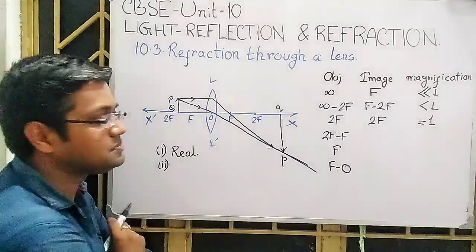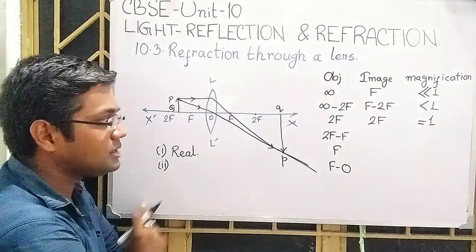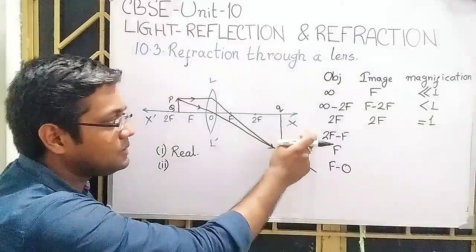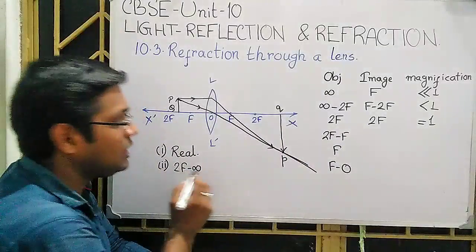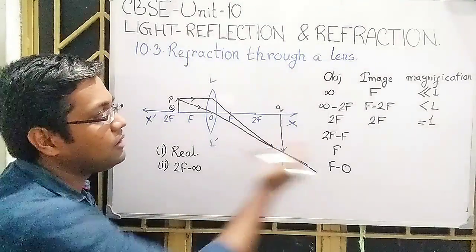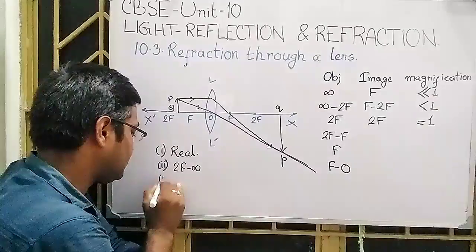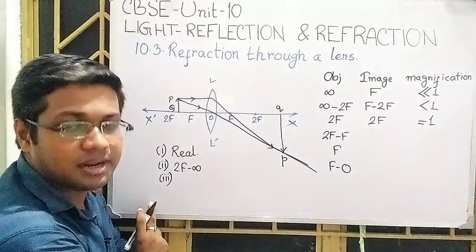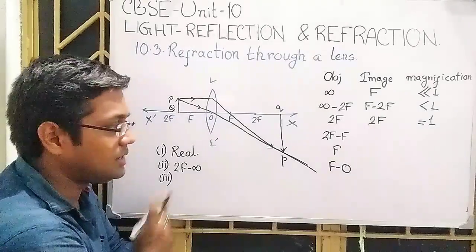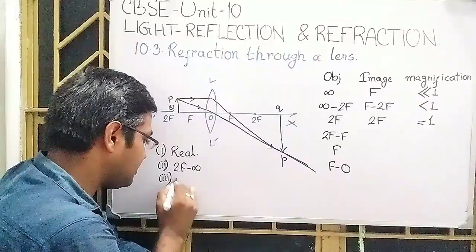Number 2, the image is obtained in between the 2f and infinity. So here also we can see that the image has moved one step outwards, away from the lens, and the diagram that we have drawn signifies that the image obtained here is inverted.